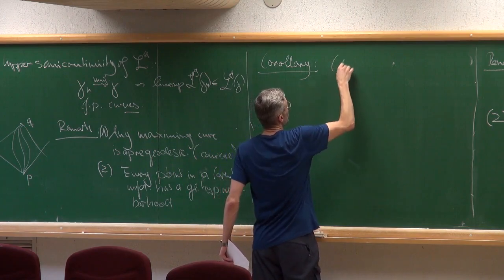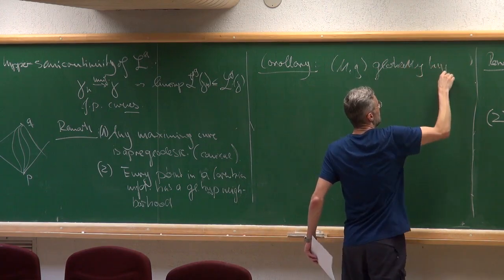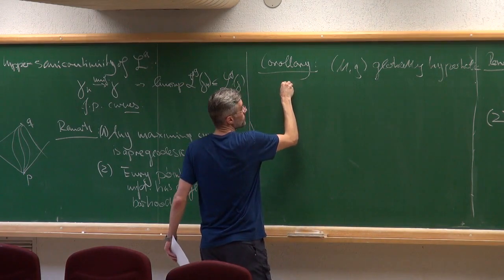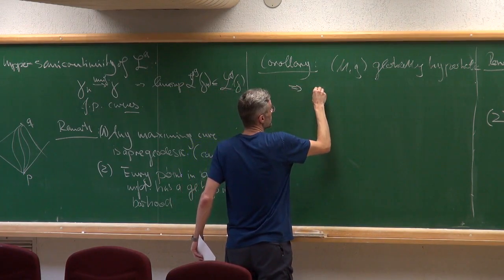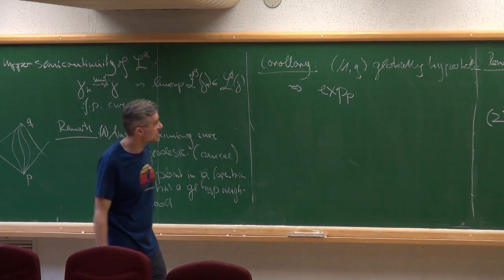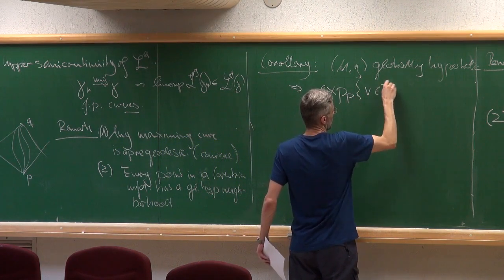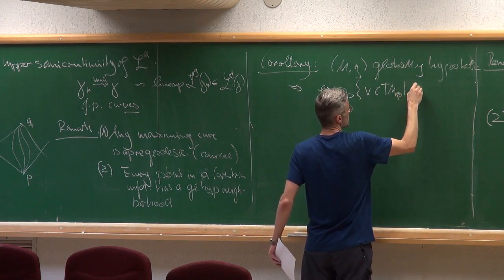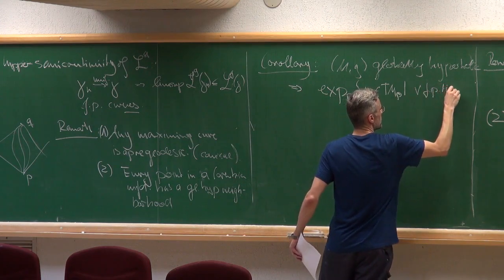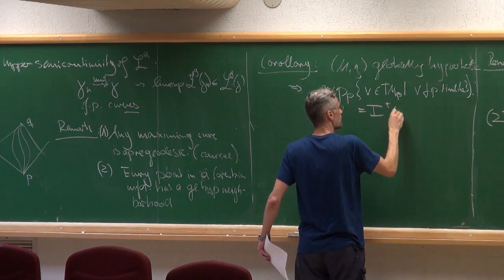So here now, if (M, g) is globally hyperbolic, then you know that the image under the exponential map based at a point P of those V in the tangent space at P such that V is future pointing time-like is exactly I plus of P.